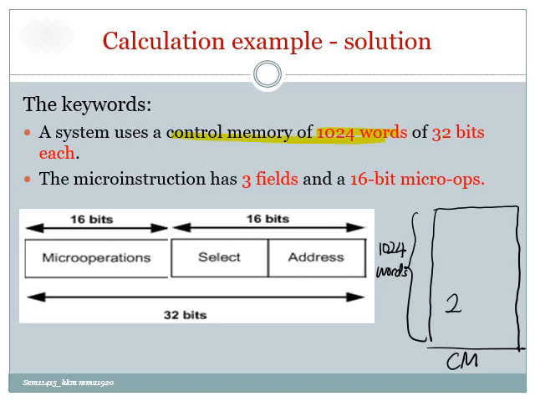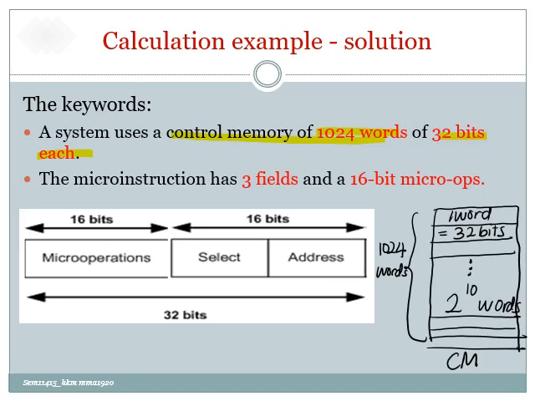So it is 2 to the power of 10, and each word, so one word is equal to how much? The size is 32 bits each. So one word is 32 bits.